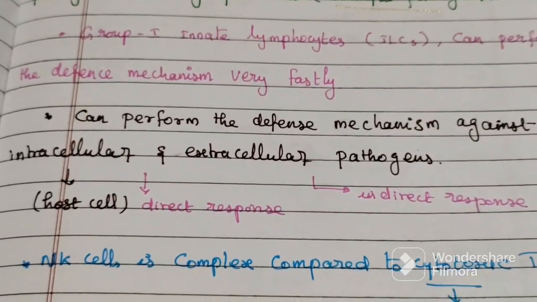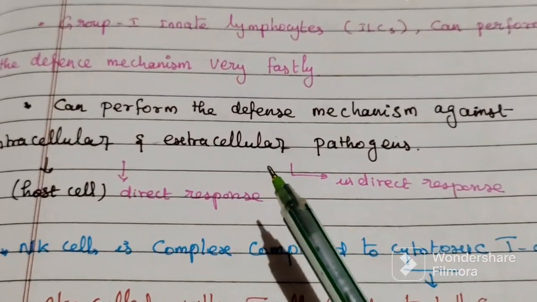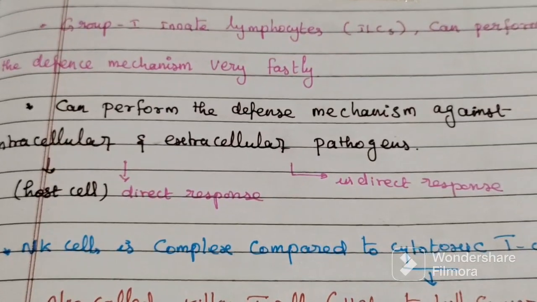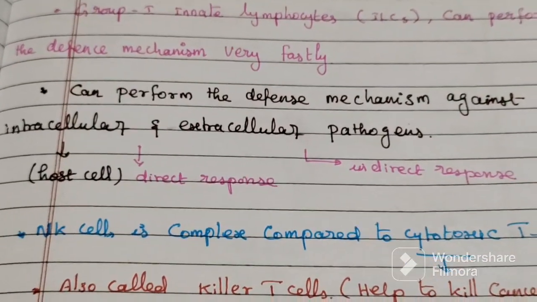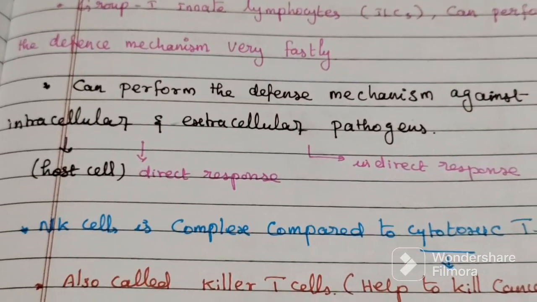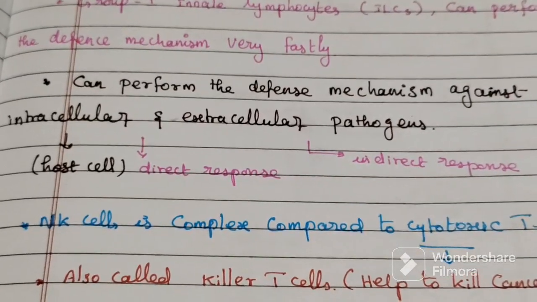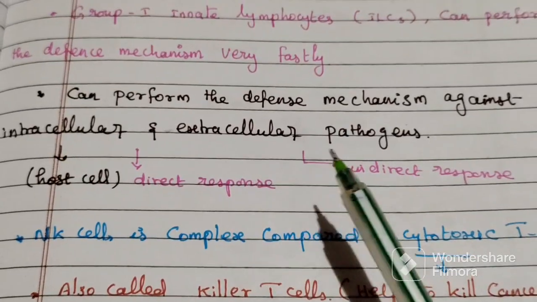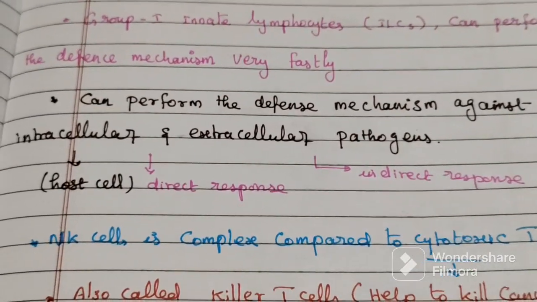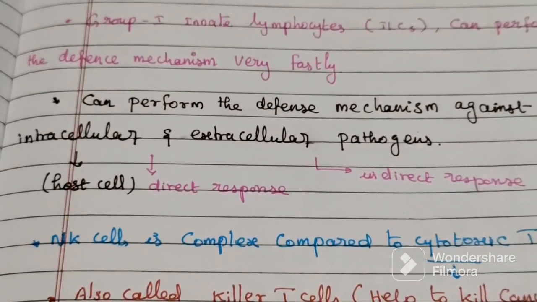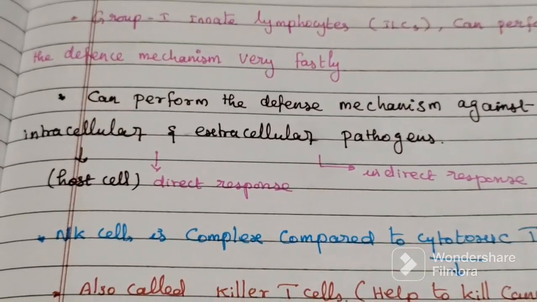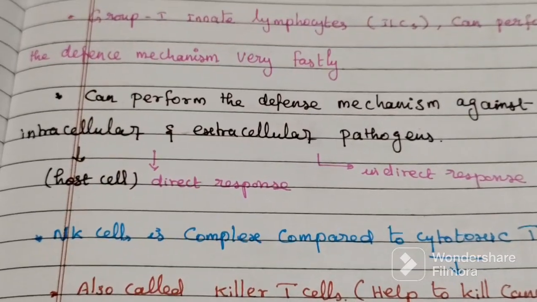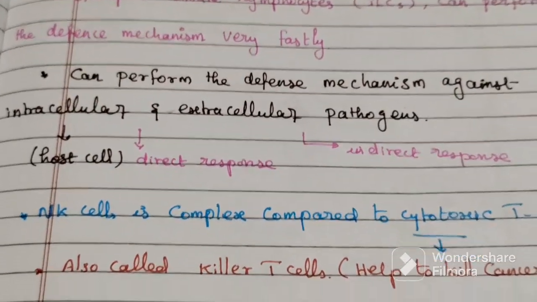Whereas in the case of extracellular pathogens, there is no host cell, so an indirect response takes place. Finally, either by direct response or indirect response, the infected cell will be killed. This is the capacity of NK cells.